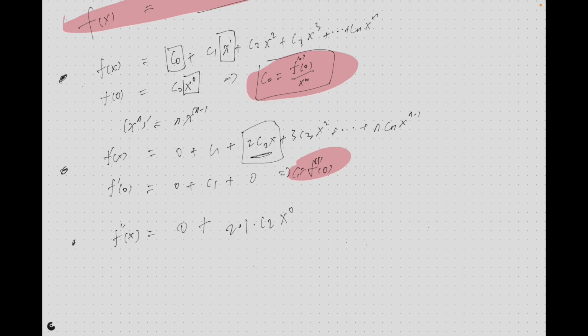And the next term's derivative is 3 times 2 times c3 times x to the 1, plus dot dot dot, n times n minus 1 times cn times x to the n minus 2.